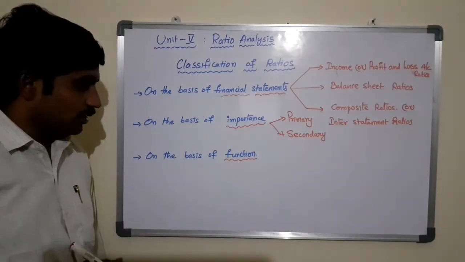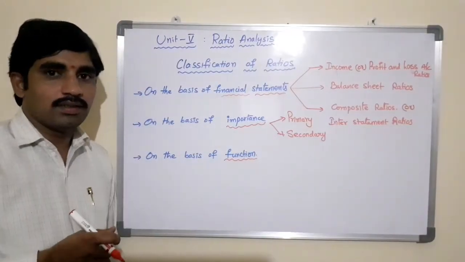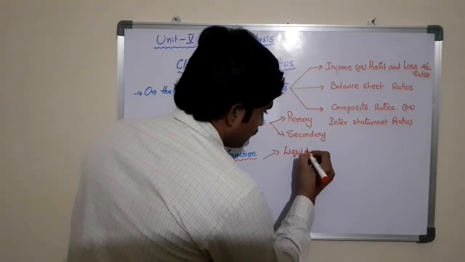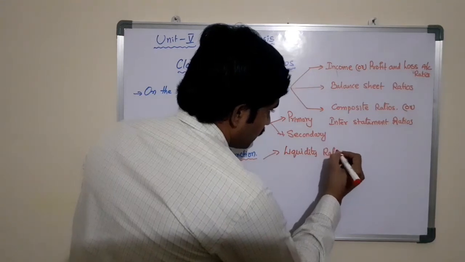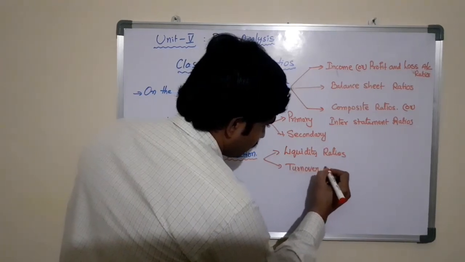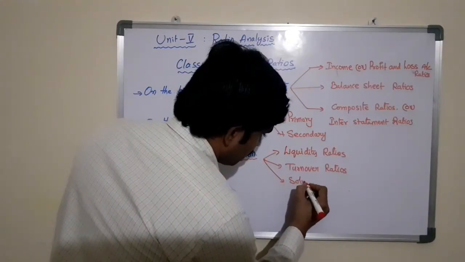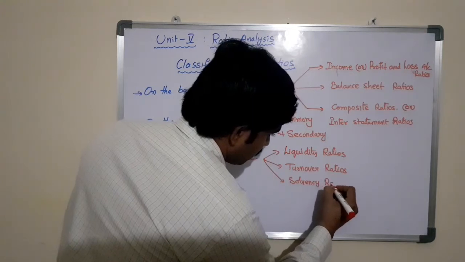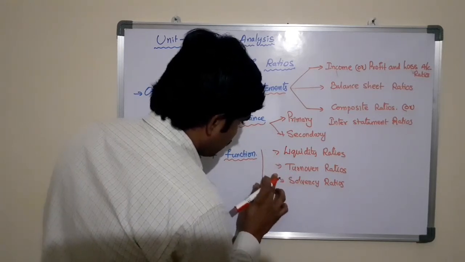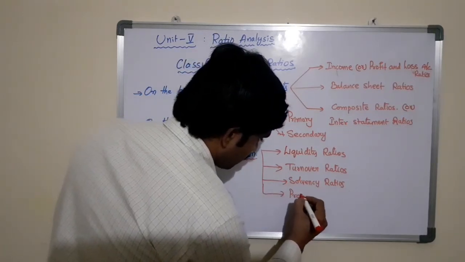The next classification is on the basis of function. On the basis of the function or the test, the ratios are classified as liquidity ratios, turnover ratios, solvency ratios, and profitability ratios.